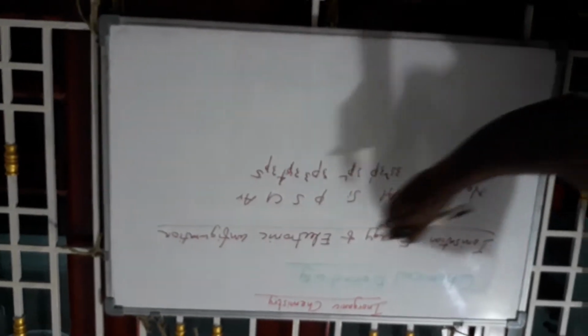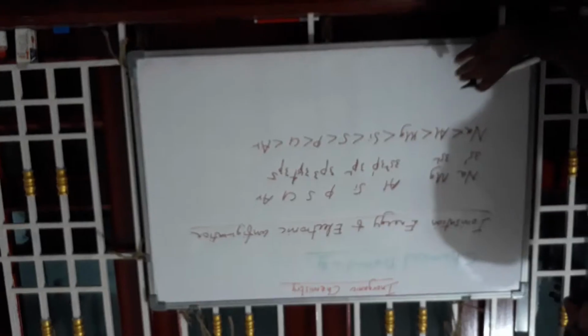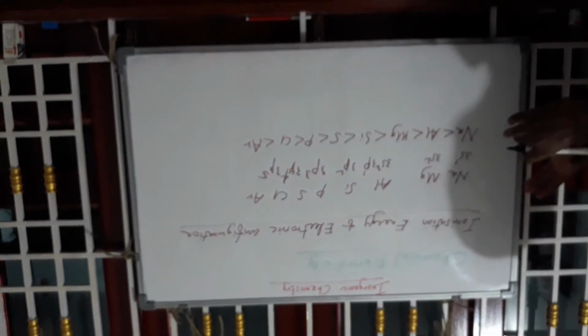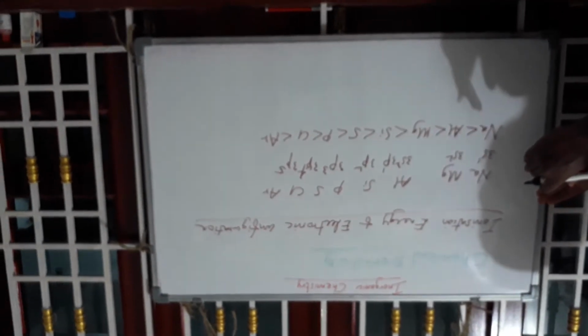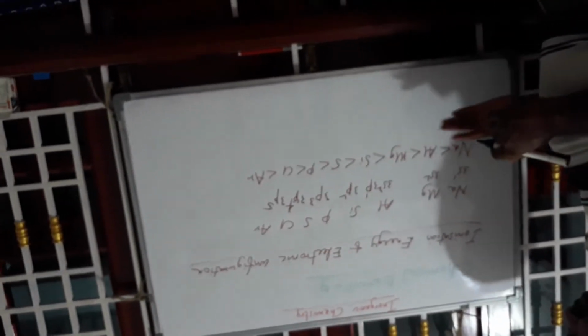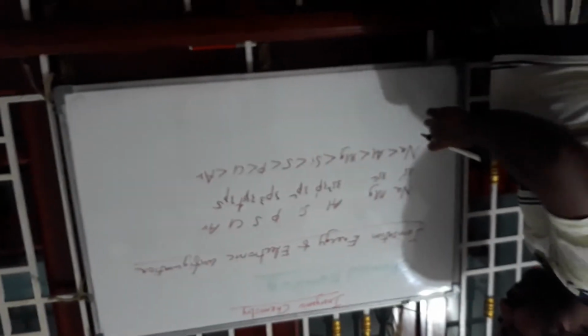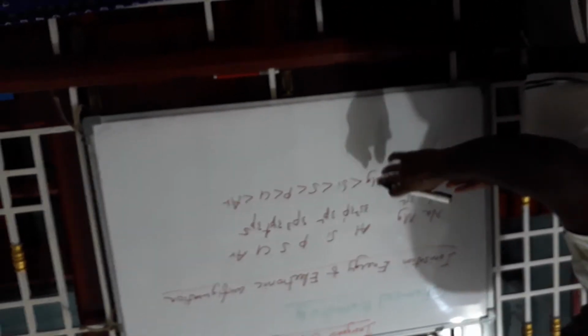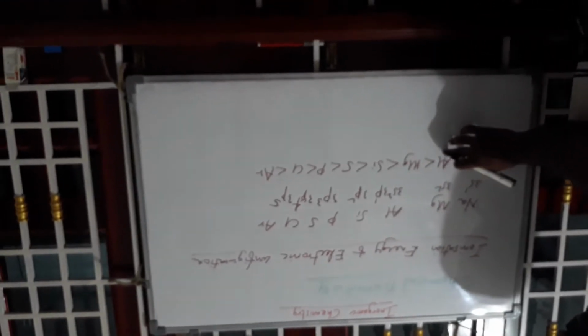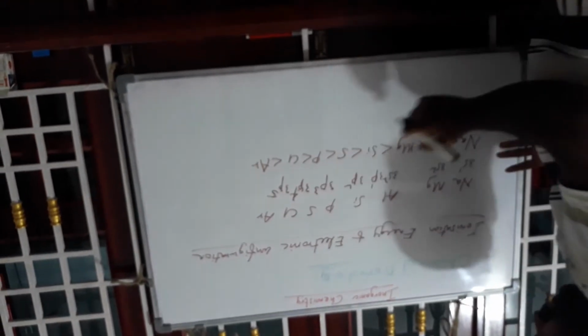Why? As atomic number increases, ionization energy should increase, in the order sodium, magnesium, aluminum, silicon, phosphorus, sulfur, chlorine, argon, but it does not follow this.